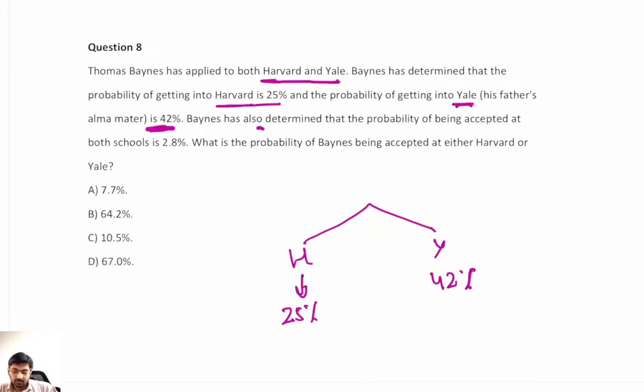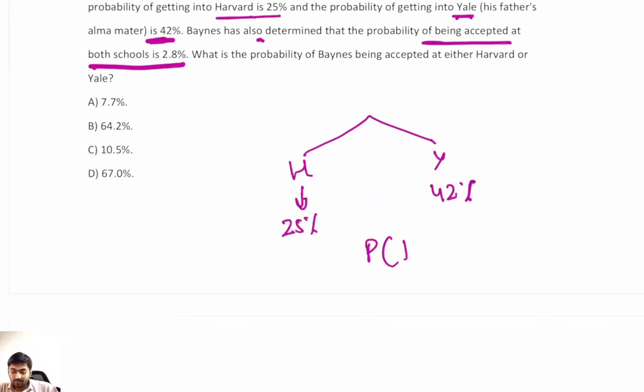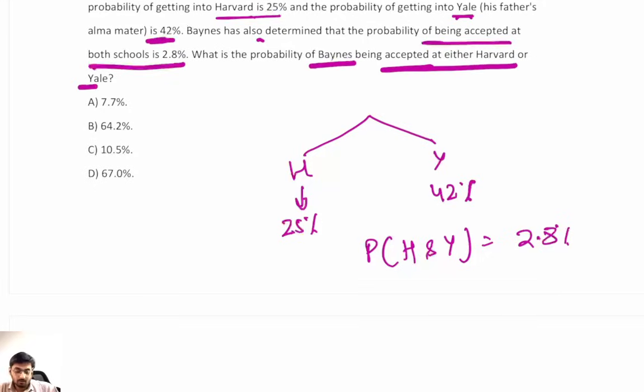Binus has also determined that the probability of being accepted at both schools is 2.8. Both the schools means joint probability. H and Y is 2.8%. What is the probability of Binus being accepted at either Harvard or Yale? Either he will get accepted in Harvard or he will get accepted in Yale. What is the probability of that? So pause the video and solve it.